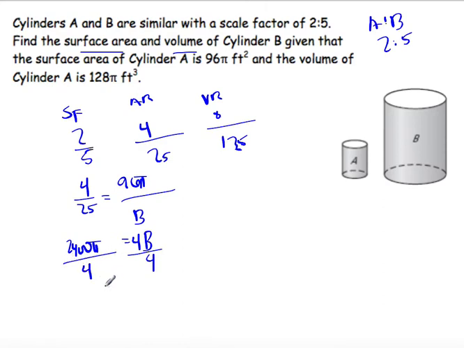So 2400 pi divided by 4 is 600 pi for B. So this is the surface area. And that is feet squared since it's area.